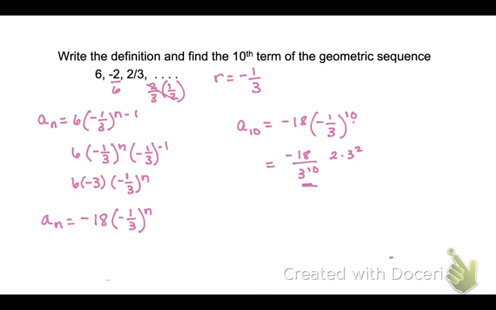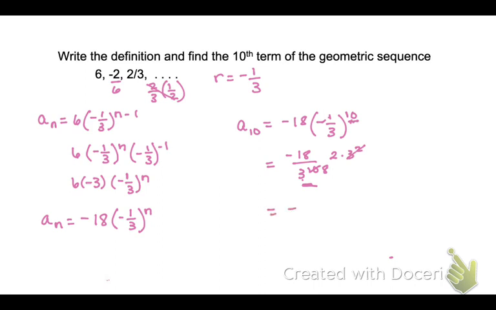You can do it the other way also if you want. Wouldn't it be positive 18? Because then it's a negative times a negative. Well, you got to do your power first. And when you take negative 1/3 to the 10th, it's going to end up to be a positive. Okay, so I can reduce 2 of the 10.